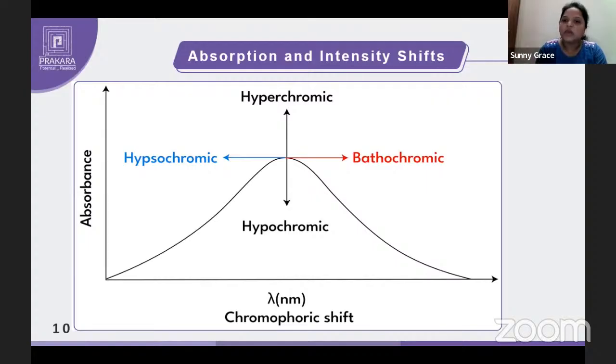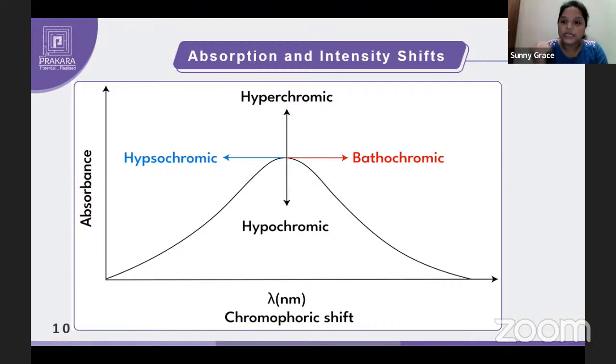In the same way, if the wavelength decreases, the color that comes nearer is blue, that is violet, indigo, blue. So it is almost nearer to blue, which is a shorter wavelength. That is why it is known as a hypsochromic shift or blue shift. So the presence of an auxochrome alters the wavelength, meaning you will observe bathochromic and hypsochromic shifts.